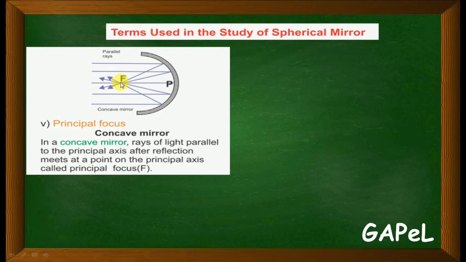Correct? When all the rays of light after reflection meet at one particular point on the principal axis, it is called the principal focus.